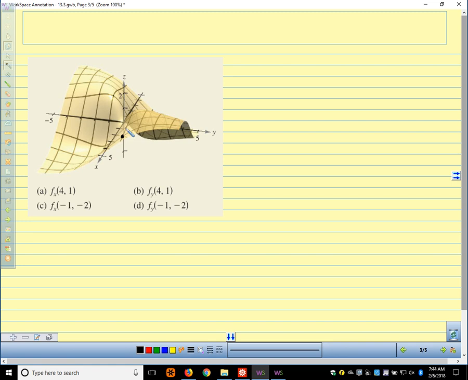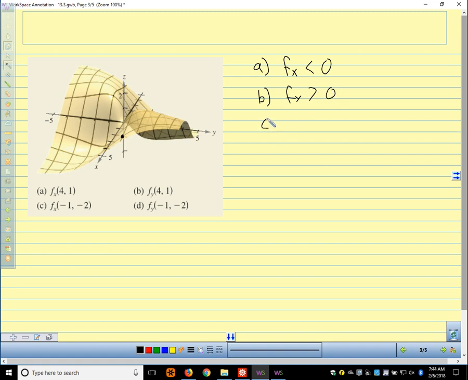So we're moving in the positive x direction, moving out of the screen. For A, I would say that the sign is negative. It looks like we're going downhill. How about B, the partial derivative with respect to y? As we go in the positive y direction, we're going uphill. So the partial with respect to y at that point should be positive.